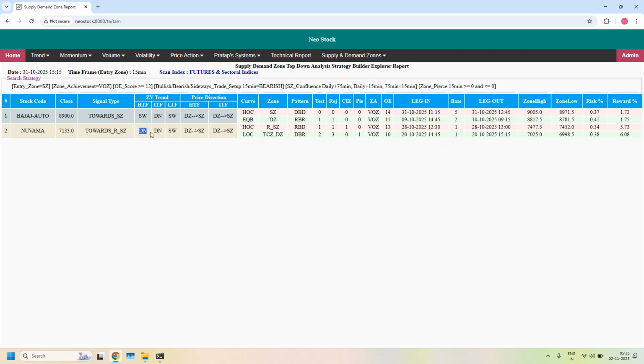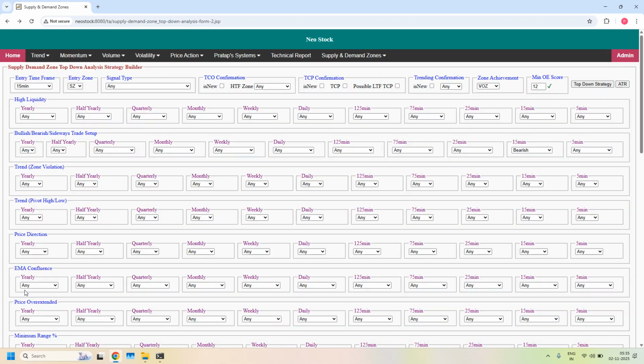And the daily trend is a downtrend in only 1 stock. Let's check if this daily supply zone has daily EMA confluence. EMA confluence at the daily time frame, daily supply zone with daily EMA. At the same time, the trend on the daily should not be sideways.